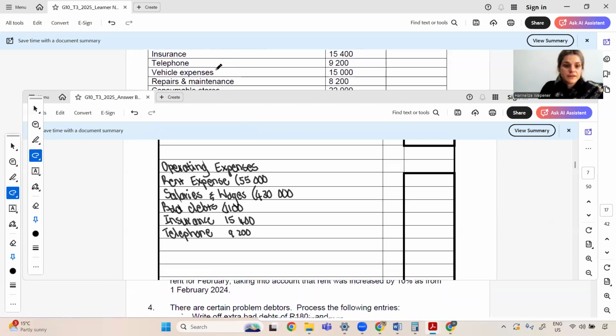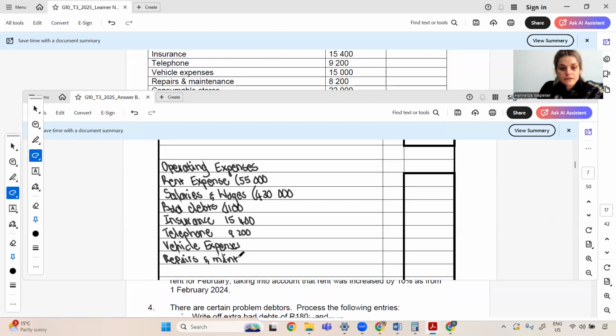Okay. Vehicle expenses. So as you can see, I'm writing out all of the account names. I'm not abbreviating. Repairs and maintenance. The and is fine. You can do that. Repairs and maintenance.